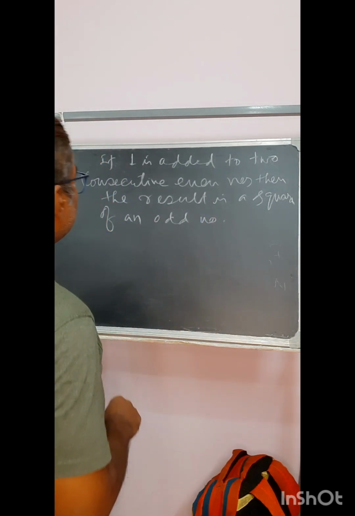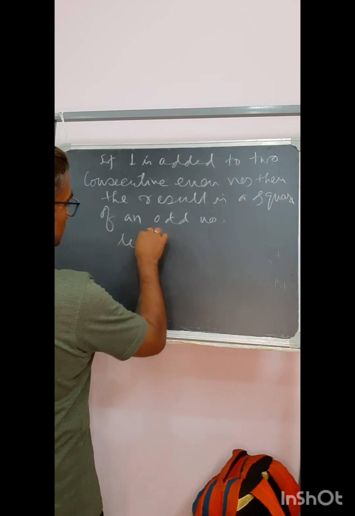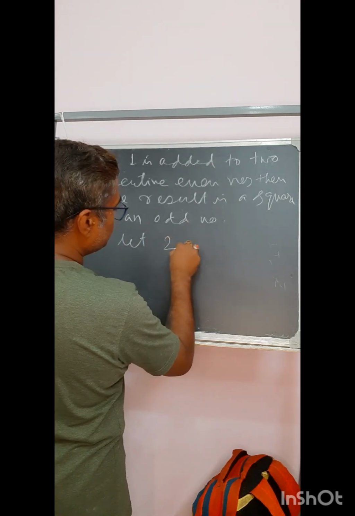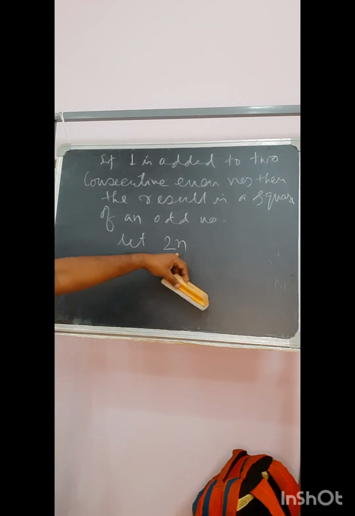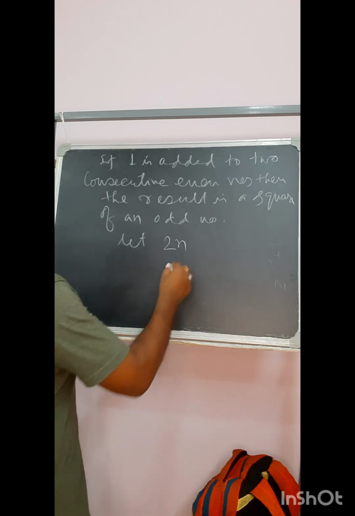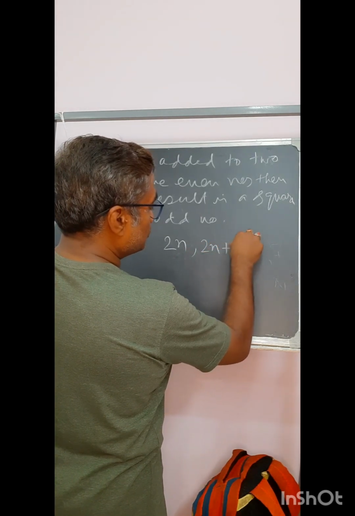Okay. Now the first even number is 2n. There is no doubt that 2n is an even number. And the next even number will differ by 2, that means 2n plus 2.